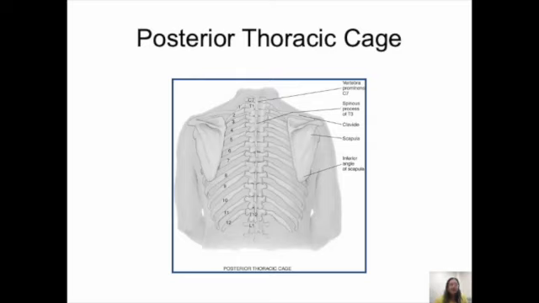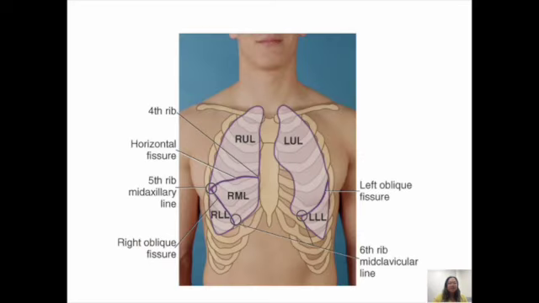Next, we're going to look at what the lung fields look like underneath that thoracic cage. What's important to see here is the difference between the right and the left lung fields. You can see that we have an extra, third lobe on the right side that we don't have on the left side.